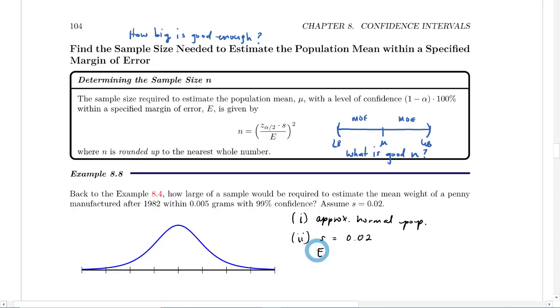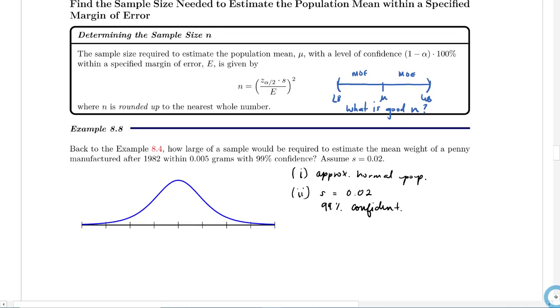We know that we want to be within 99% confidence, right? Okay, and so if we want to be within 99% confidence with a sample standard deviation of 0.02, notice that they want our margin of error, our ME, to be equal to 0.005 grams.